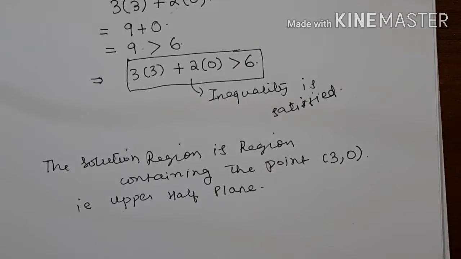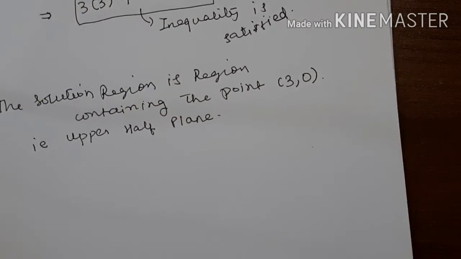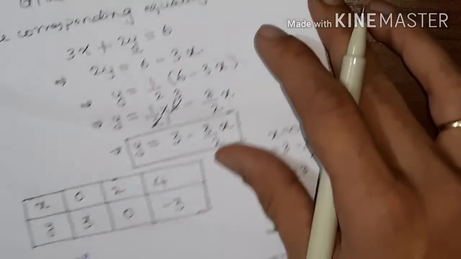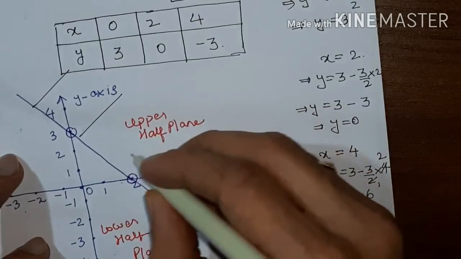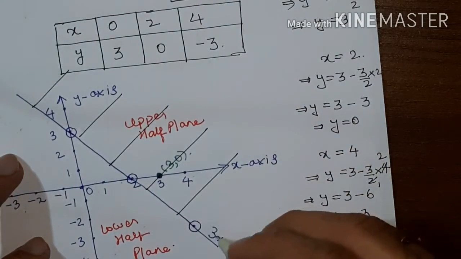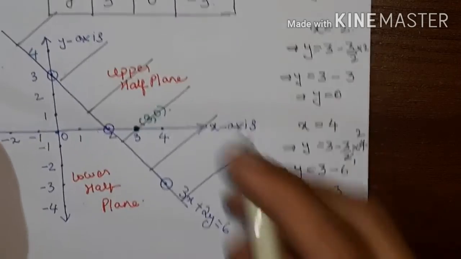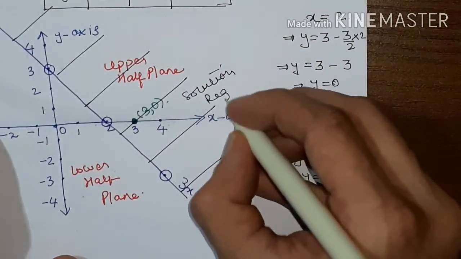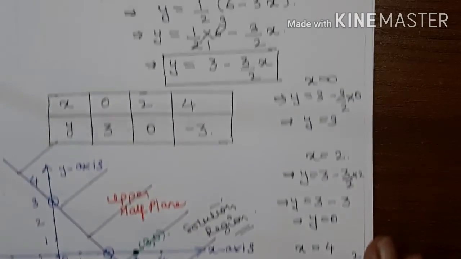The region containing 3, comma 0 is the upper half plane. So that is this, here. So this is the solution region. So have you understood?